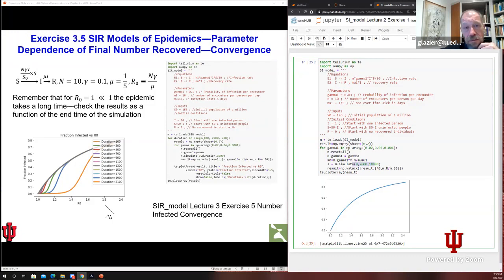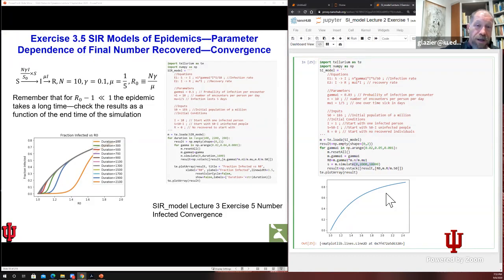Now, tellurium actually has a function called get steady state value, which in principle runs the simulation long enough to get things to converge. And then you don't have to worry about running it long enough by hand. There's a problem with that. I tried running this with get steady state value and it crashes.